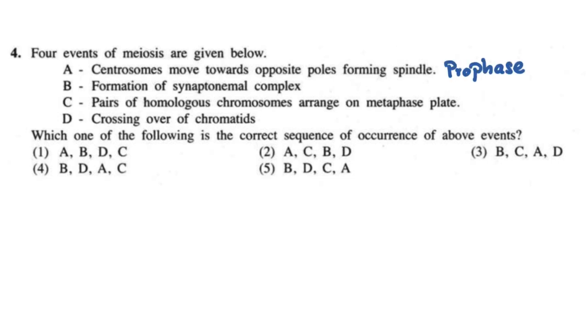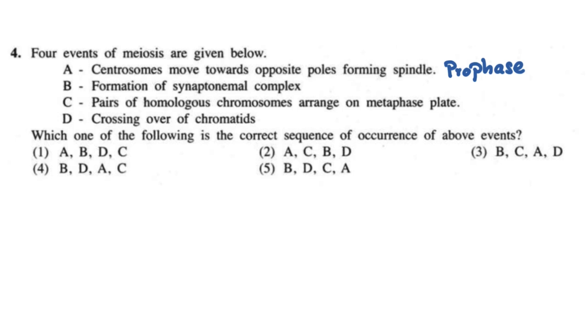In meiosis, we can see two divisions, meiosis 1 and meiosis 2. So here we are talking about meiosis 1 because it talks about crossing over, synaptonemal complex, homologous chromosome.